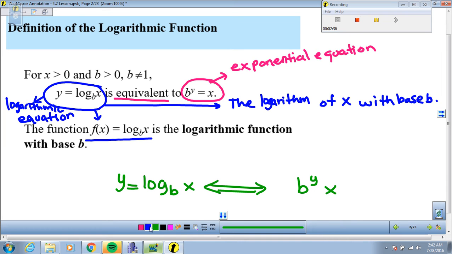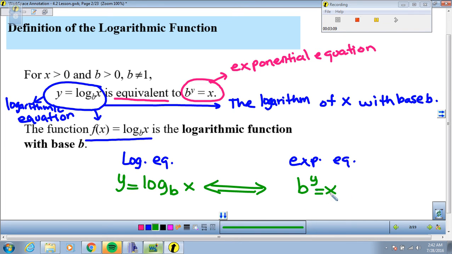Now you need to understand that whatever your y value is in the logarithmic equation, that's the y that you see in the exponential equation. Whatever base b you see in the logarithmic equation, that's the b that you see here in the exponential equation. Whatever x you see here in the logarithmic equation, that's the same x you see right here, and this should have an equal sign.